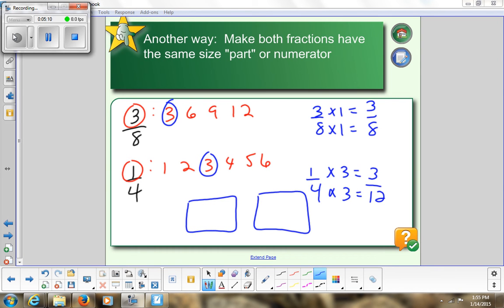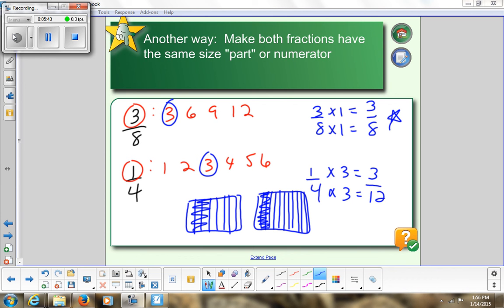They're square pizzas, and I have to cut them into eight pieces. 1, 2, 3, 4, 5, 6, 7, 8. And then I have to make this one into 12 different pieces. And I have 3 of these 8s colored in, and 3 of these 12s colored in. Which is a bigger piece? Well, the 8s would be.